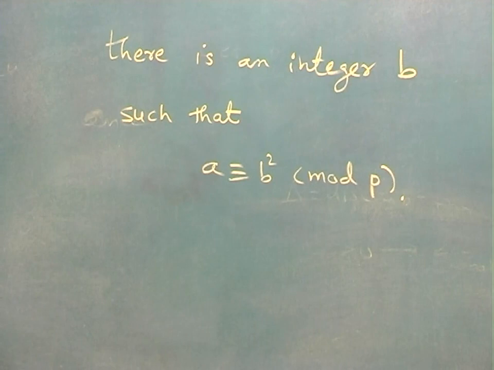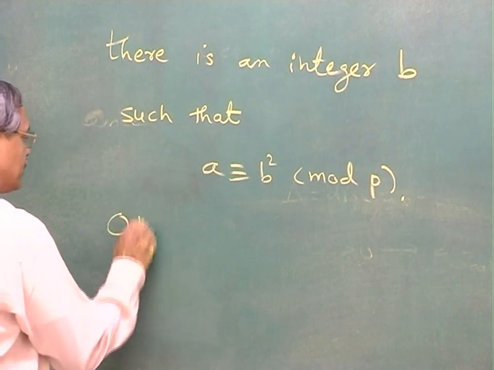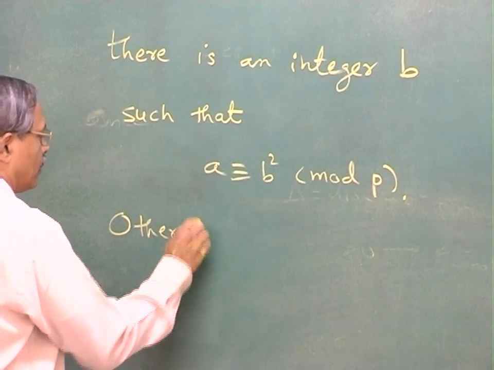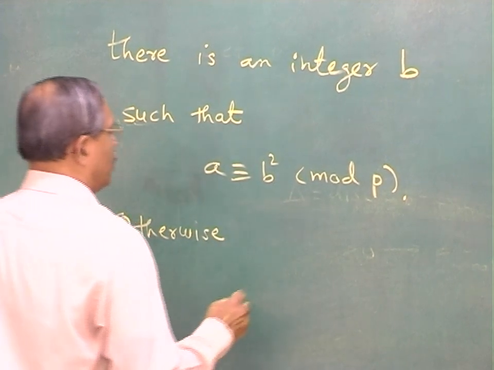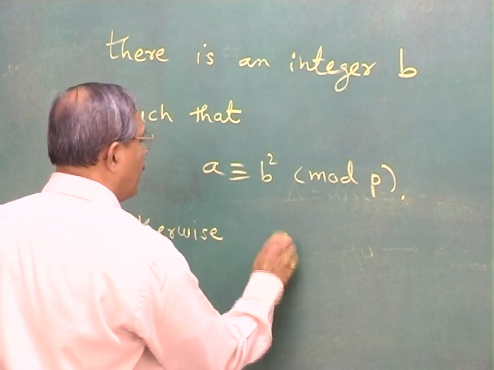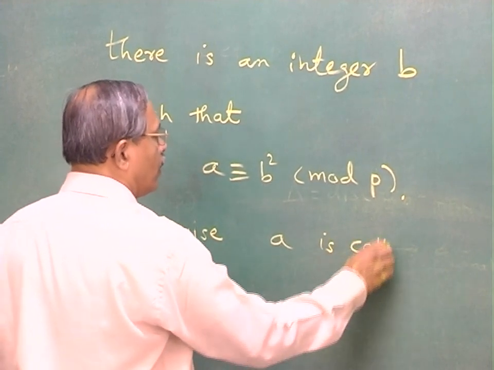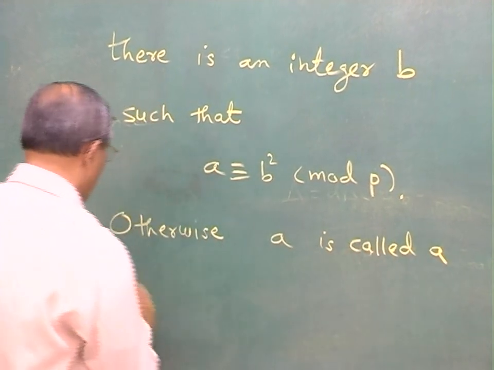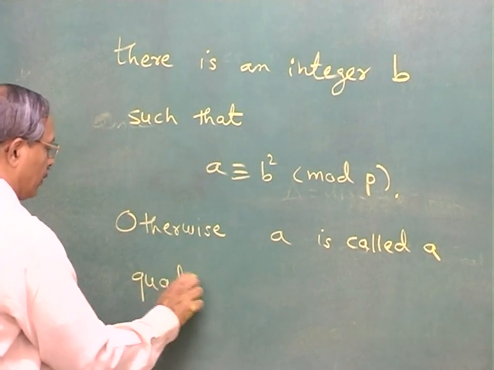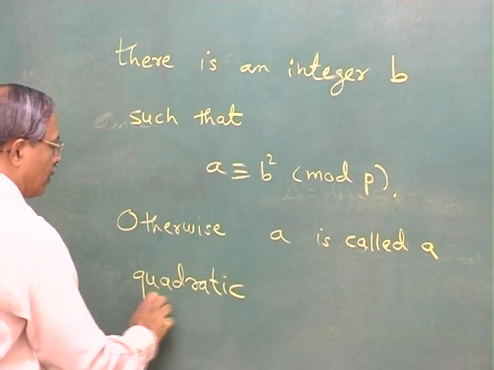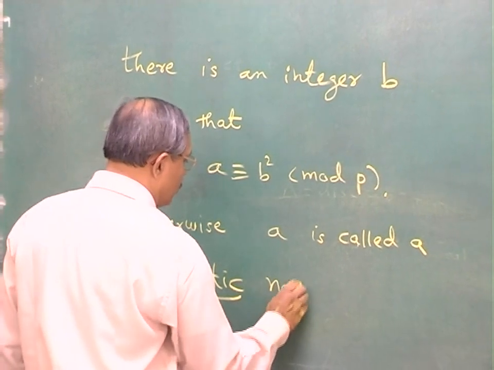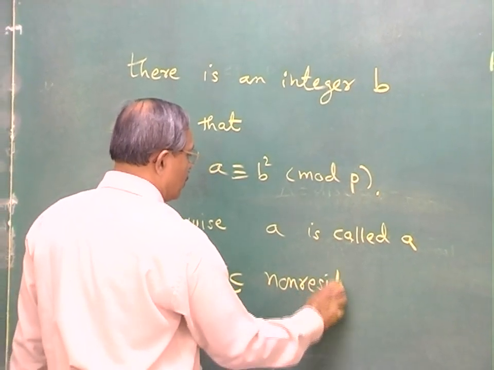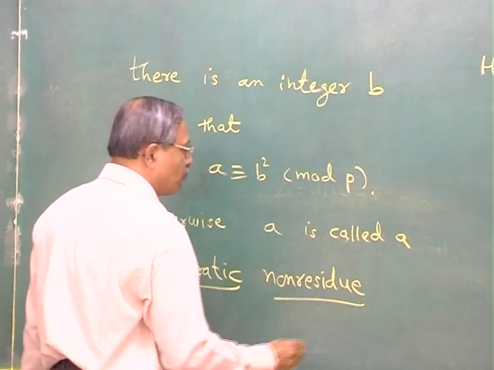Otherwise, a is called a quadratic non-residue mod p.